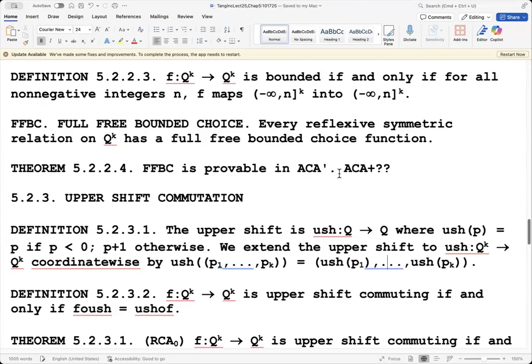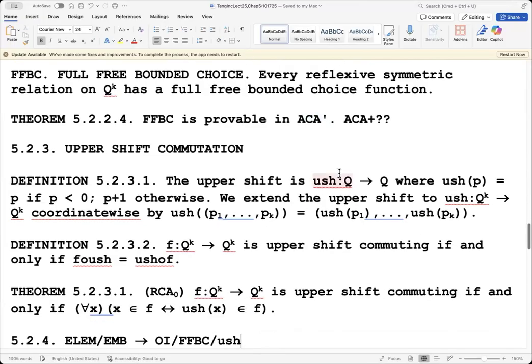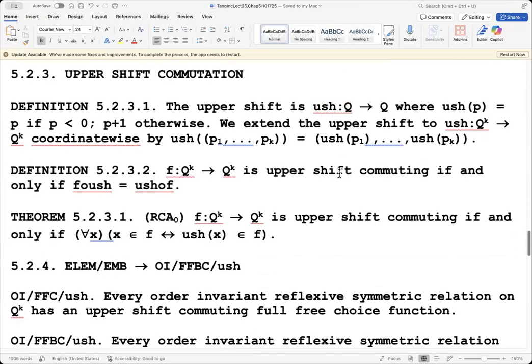Side issue. Okay, upper shift commutation. So the upper shift, as I said, is the function which is the identity on the negative rationals and plus 1 on the non-negative rationals. So it has a real heavy-duty singularity at 0. So, if I want to do propaganda properly, I will say something like this.